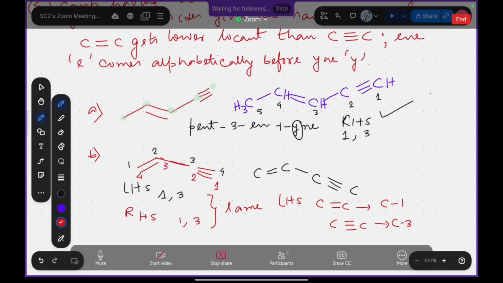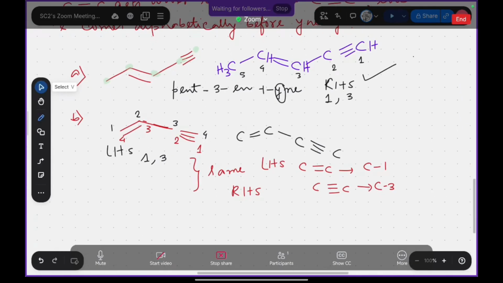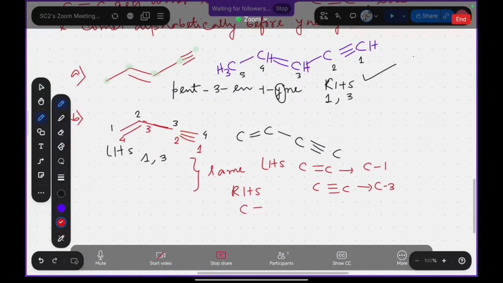But from the right hand side, what do you see? The carbon-carbon triple bond gets carbon atom 1 and the carbon-carbon double bond gets carbon atom 3. That means the left hand side numbering is correct.